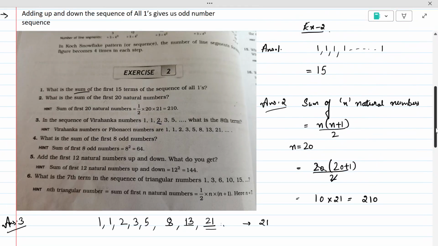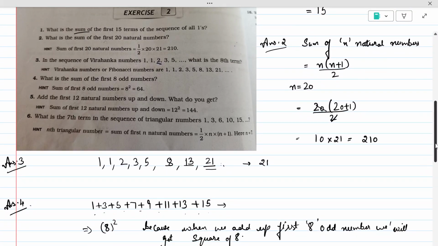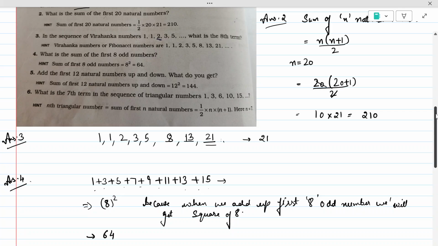Okay. Next is question number 5. Add the first 12 natural numbers up and down. What do you get? So same thing kids, we have done that if we add up and down the natural numbers, which sequence we get? We get squares only. So it will be square of 12, which is 144.